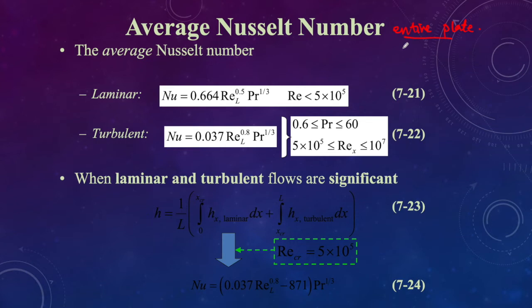The steps are the same as before. First, you have to determine the Reynolds number L by using the equation rho V x over mu.